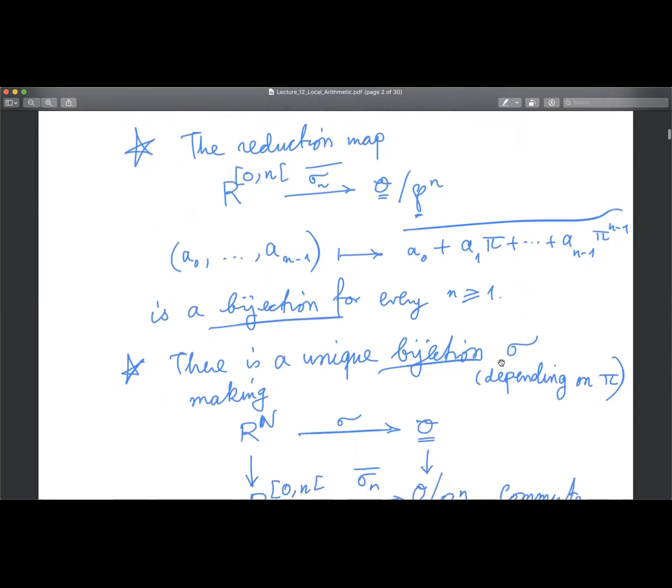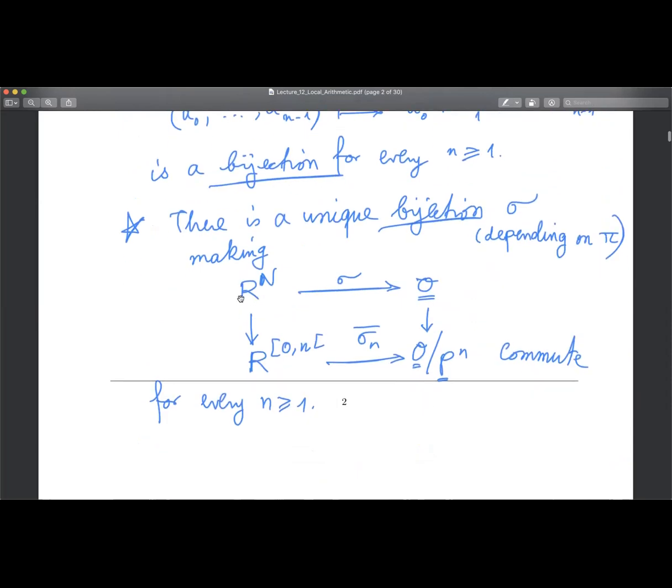So because of these commutative squares, in the limit, I get a bijection from R to the N. This N is the set of natural numbers.